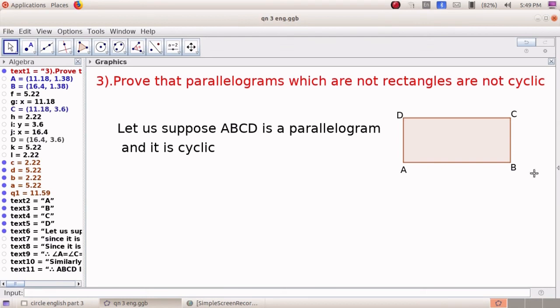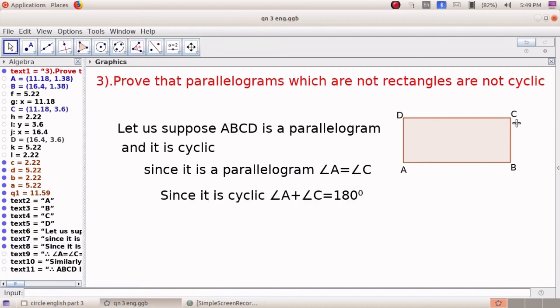Now since ABCD is a parallelogram, its opposite angles are equal. For any parallelogram, its opposite angles are equal. Therefore angle A is equal to angle C. Since ABCD is cyclic, its opposite angles give the sum 180 degrees, meaning angle A plus angle C equals 180 degrees.